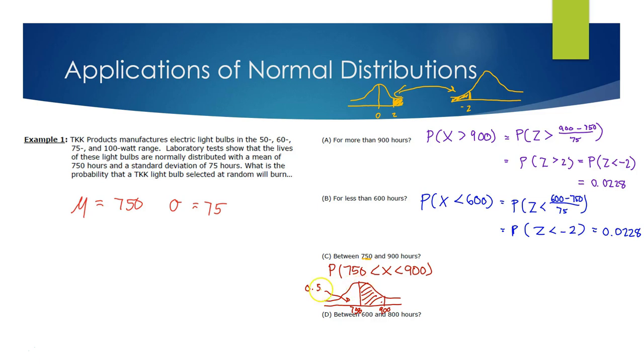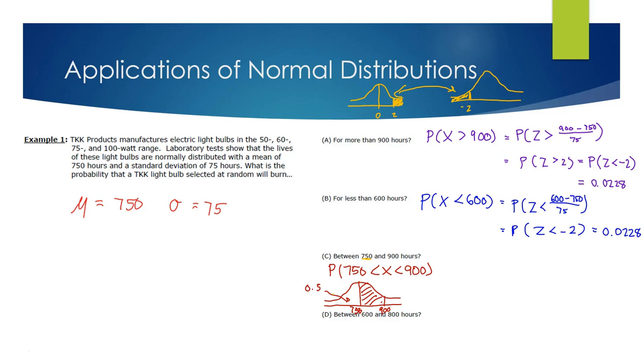So 50% should be above, 50% should be below. If I do the probability of being less than 900, I would get this area all the way from here all the way down. But if I take off the 50% that goes to the left of 750, that's going to give me the probability I'm looking for.